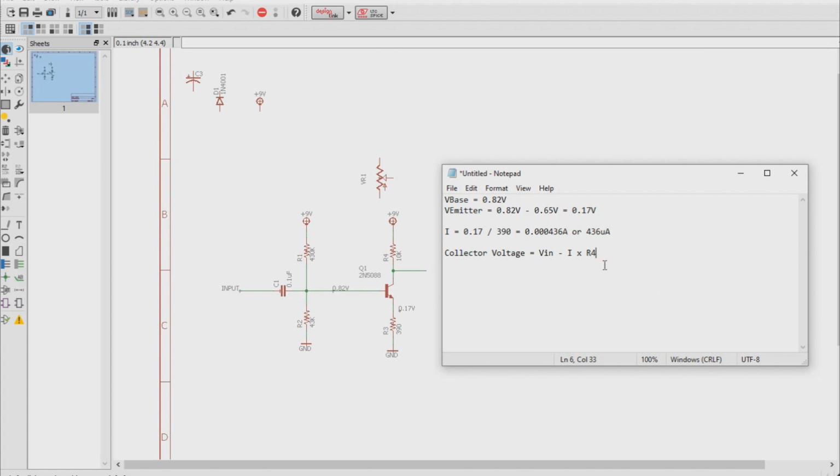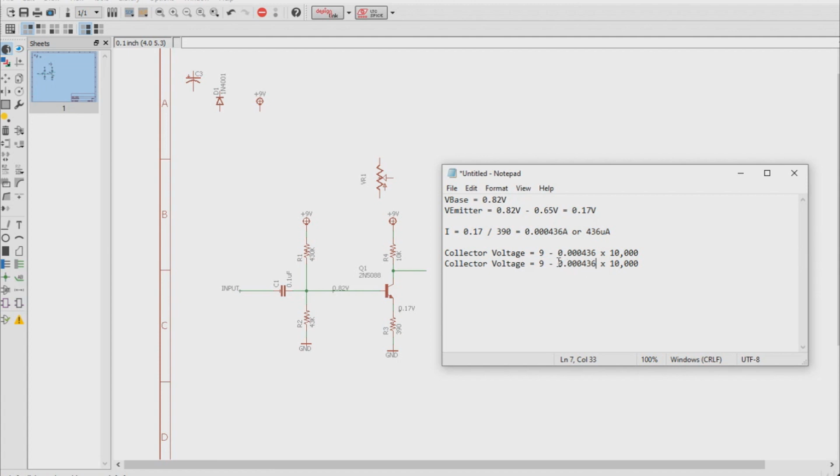And so that means we have R4, which is a 10K resistor. We have the current, which is 0.000436. And we have the input voltage as 9 volts. Let's break that down, because I want to show this math more precisely.